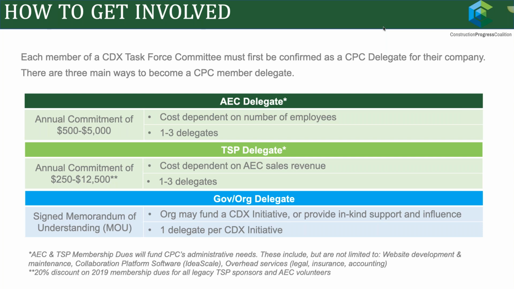The cost dependence now is on AEC sales revenue, so not necessarily your investment, but sales revenue, which is probably debatable, and that's fine. We don't really care about that. Just want to make sure that we have a fair spread for who is paying the load based on how much you're receiving from the industry, and then again those will break down into delegates based on that size as well. The last one here is government organization delegate.